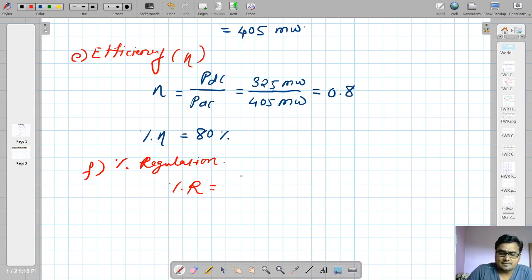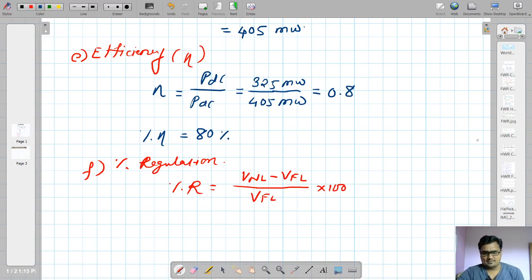We have the equation: VNL minus VFL divided by VFL multiplied by 100. I forgot that I was supposed to use the blue pen, but it's okay as it's the last thing.